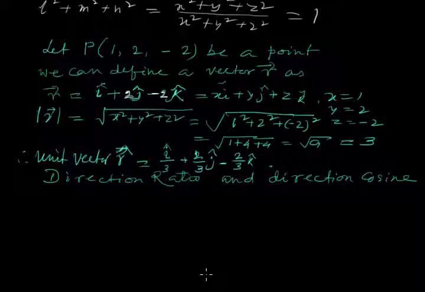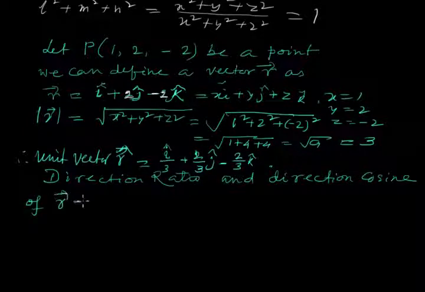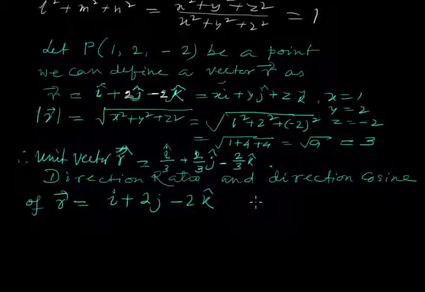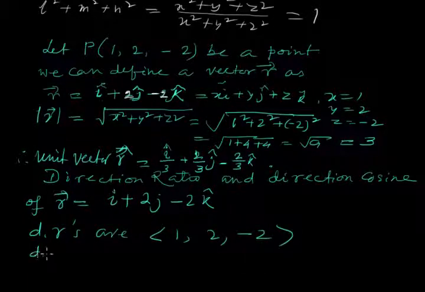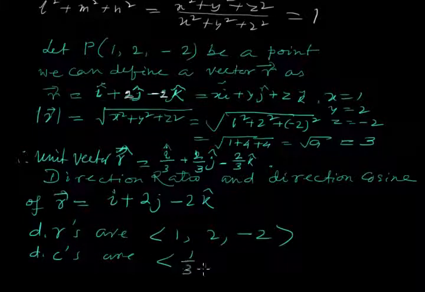So here the direction ratios and direction cosines of vector r, which is i plus 2 j minus 2 k: the direction ratios are 1, 2, minus 2, and the direction cosines are 1 by 3, 2 by 3, minus 2 by 3.